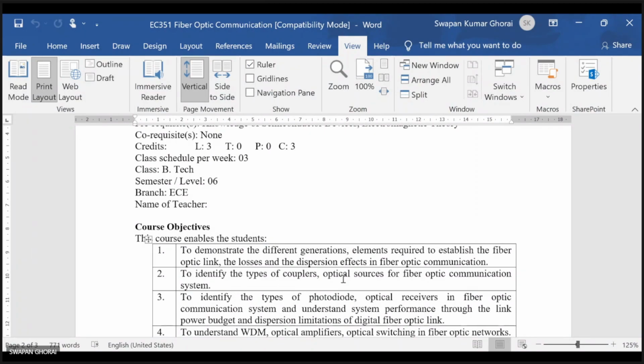It can be wavelength selective couplers, or optics-based, or conventional optics can also be used to couple light from the source into the fiber. So there are different types of couplers that we'll see, and optical sources.